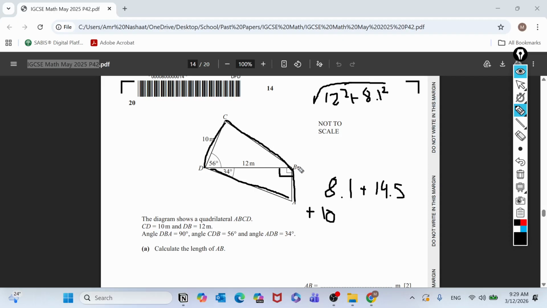Now what is this side? BC. We're going to have to use the cosine rule.